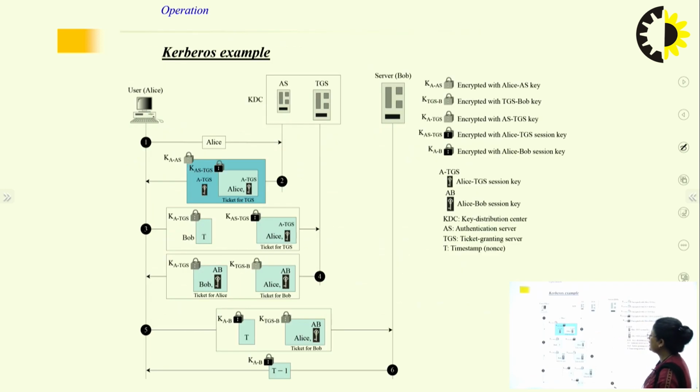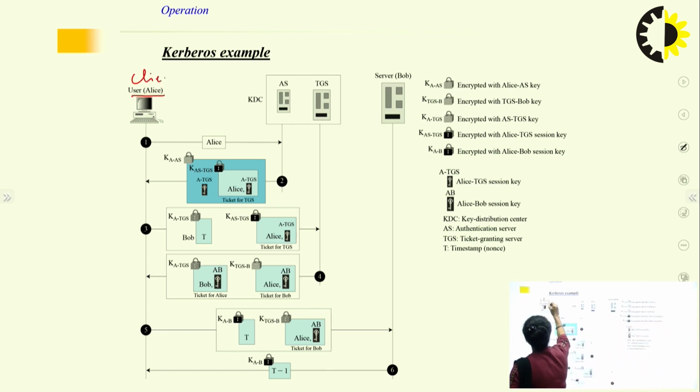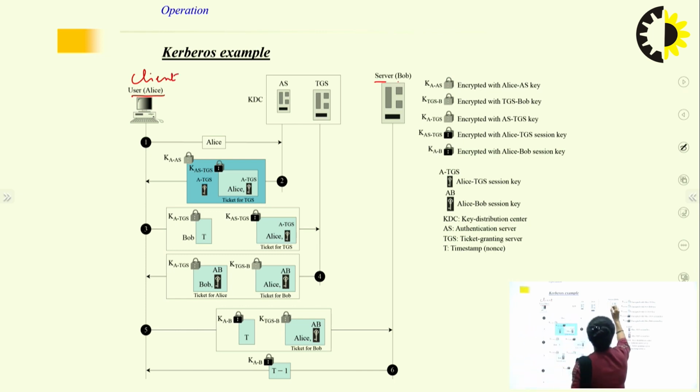So now let me go into more detail about how Kerberos works. I have given the introductory steps about the process, how it works. I'll go into more detail now. So we have the user or Alice, which we are calling the client, and we have the server, which we are calling Bob.